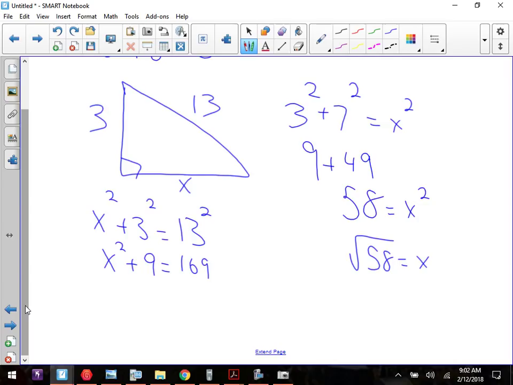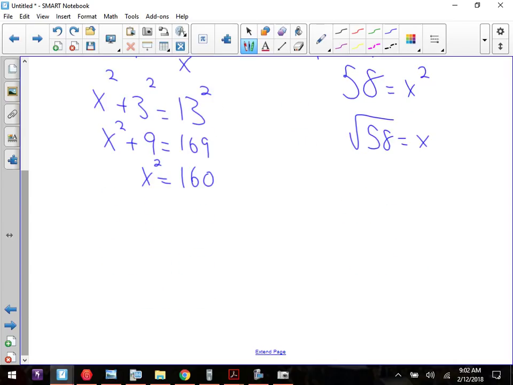Subtract the 9 and then take the square root. If I did that, that's 16 and 10, so 4 root 10. I think that would simplify out. All right. Very easy. Nothing too crazy.